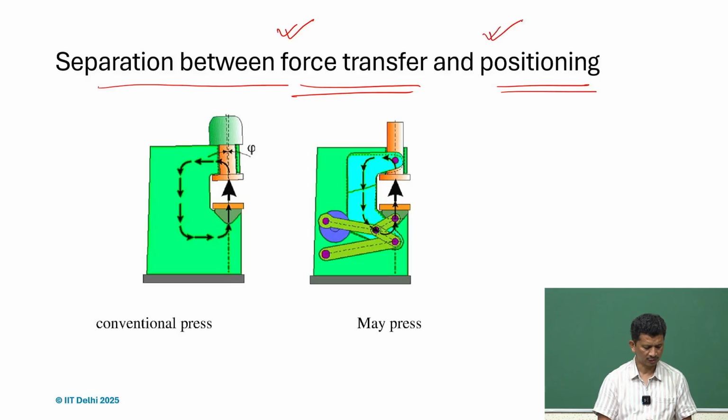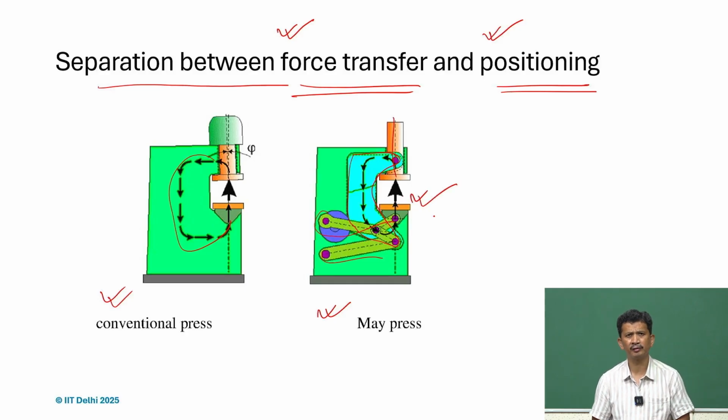In the conventional press, which we can see here, they used to be huge, and both positioning as well as the load had the same path. In the new one, you can have a stiffer structure for the load, and for the motion you have a different mechanism. In this way you can decouple, and we can achieve high precision.